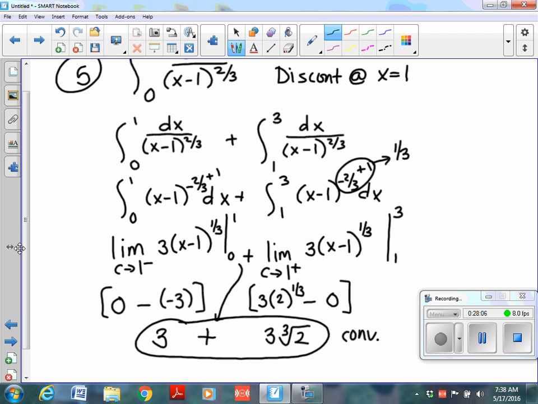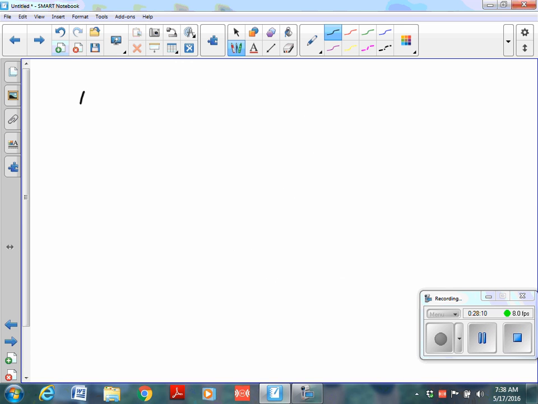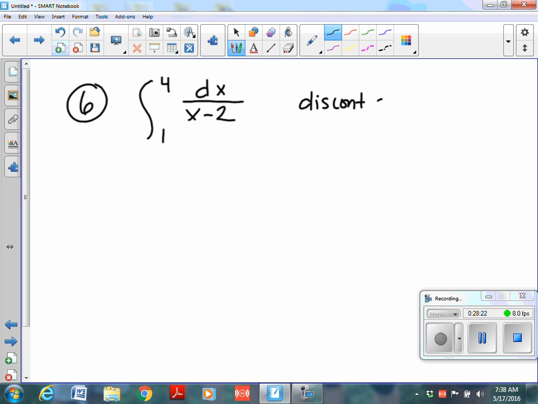Okay, number 5, number 6, one more. If you integrate from 1 to 4 dx over x minus 2, you're going to see the picture, and it's discontinuous at x equals 2.